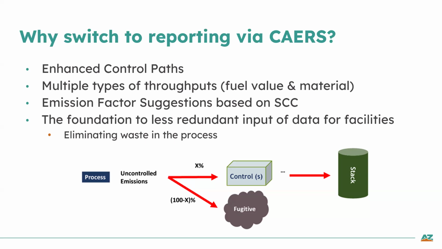Using suggested emissions factor based on ACC in CAERS simplify the quality assurance process on our end. In CAERS, it is easy to identify what processes are associated with a given control device. More importantly, CAERS streamlined the process of reporting Class 1 emissions inventory to EPA.